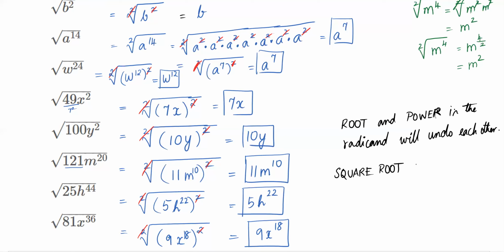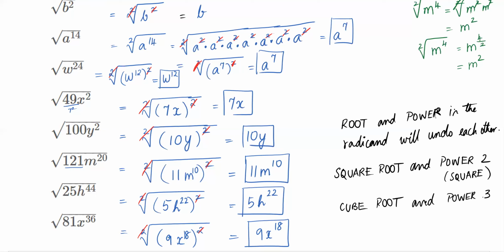And power 2, right? What is a power 2? Power 2 is the same as saying square. Will undo each other. Okay. So we also have, say, if you're looking at cube root, cube indicates 3, and power 3.